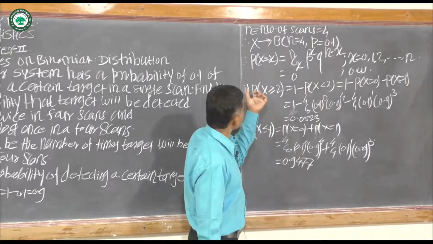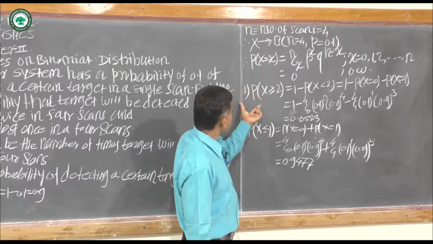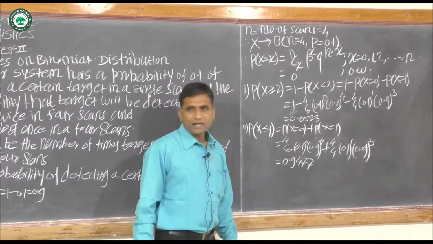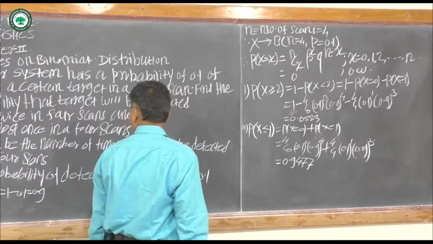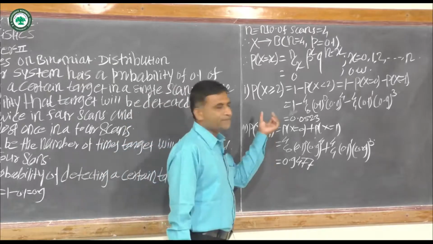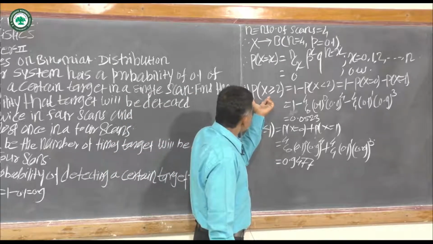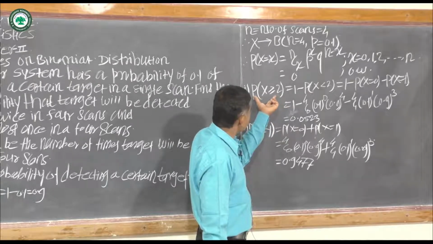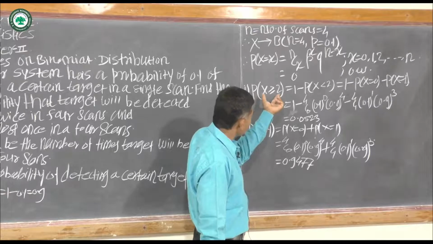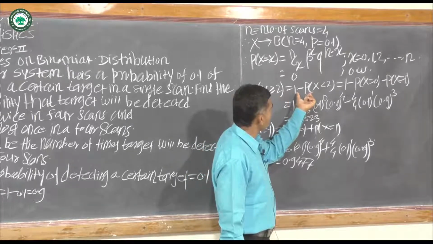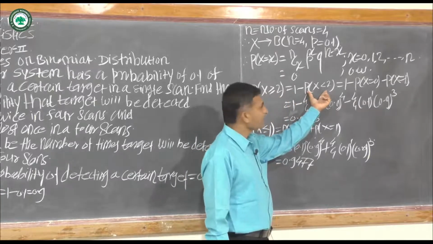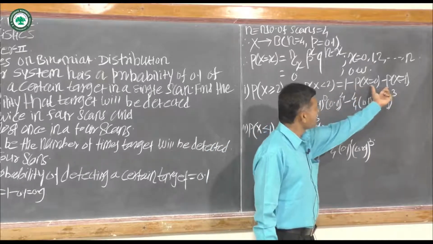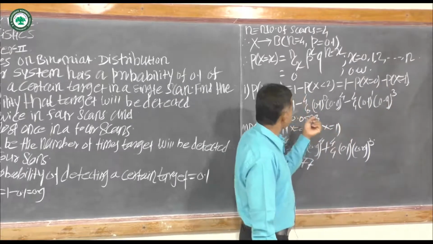Then the required probabilities. In the first bit we have to find the probability that target will be detected at least twice, that is probability of x greater than or equal to 2. Now this can be written as 1 minus probability of x less than 2, which is equal to 1 minus probability of x equal to 0 minus probability of x equal to 1.